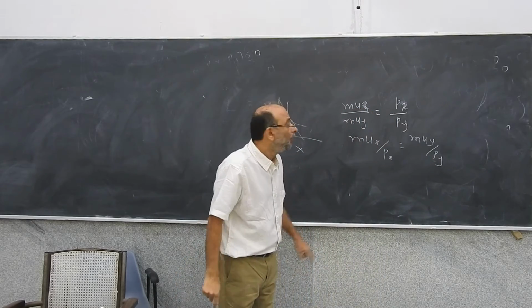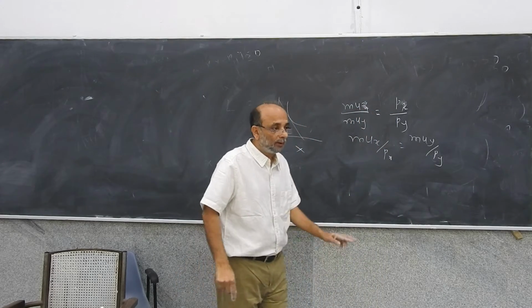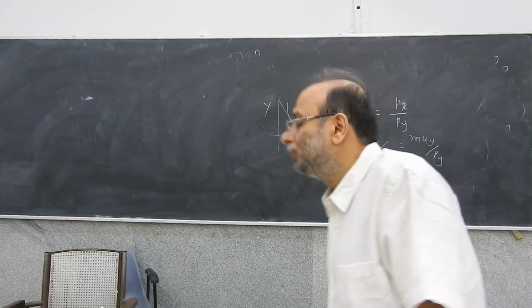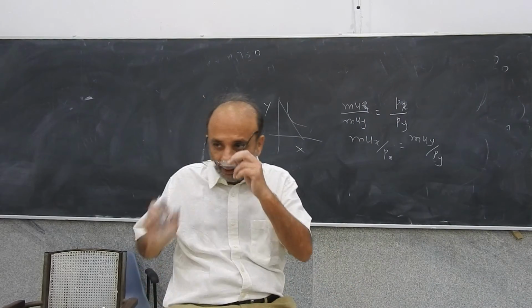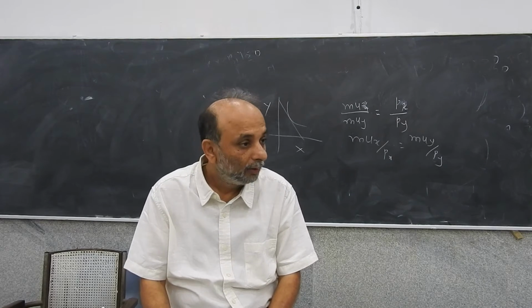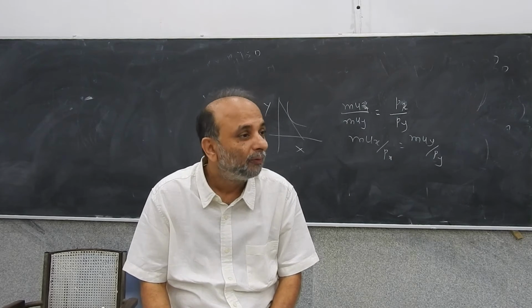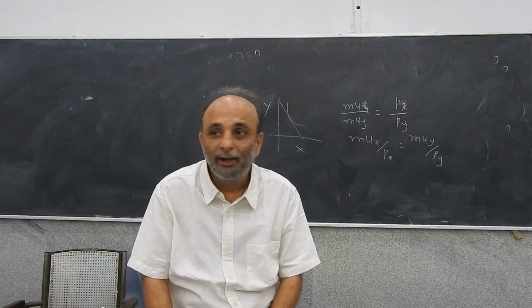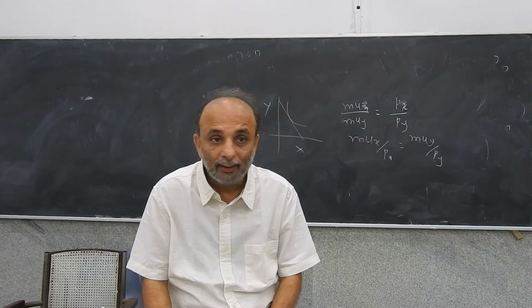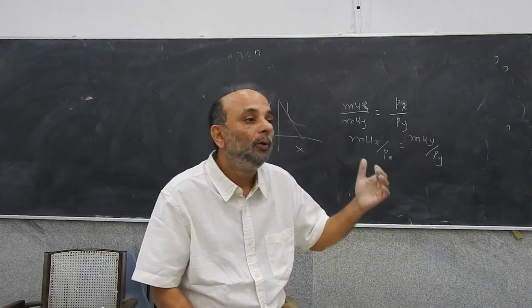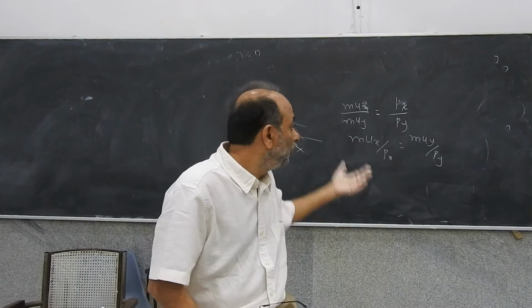But what does this tell you? What is MUY upon PY? So if Y is apples and apples cost, say, 10 rupees a kilo, how much does 1 rupee of apples give you? 100 grams.